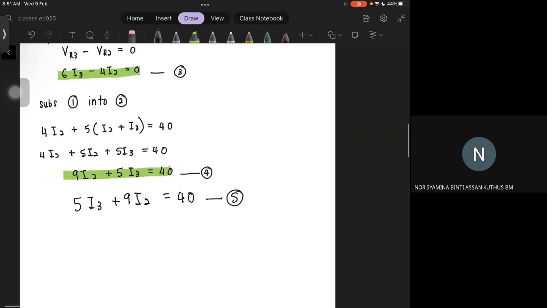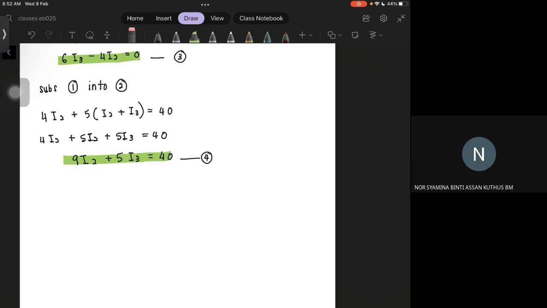Ambil lah equation 5 minus equation 3 pun boleh. Tapi dia tak akan eliminate. So jangan buat macam ni. Buatlah mana-mana subjek. Okay. Any question?